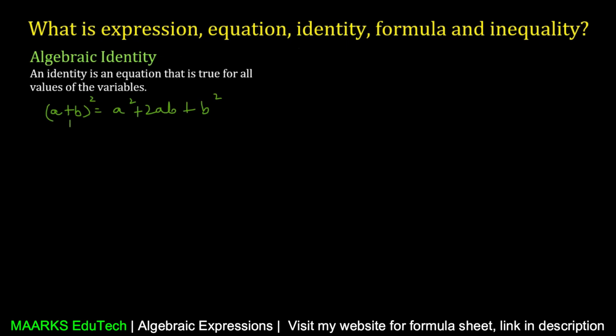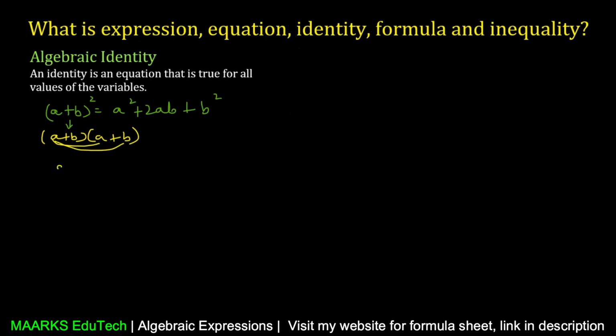Let me expand this, a plus b square. A plus b square means a plus b into a plus b. So I need to multiply these two brackets. We will follow simple rules. First this a will multiply with this a, and then this a will multiply with this b. So we will get a into a.